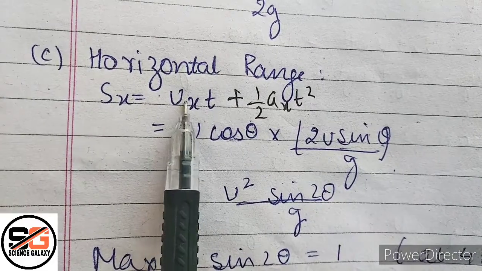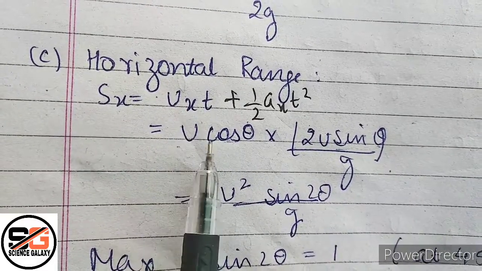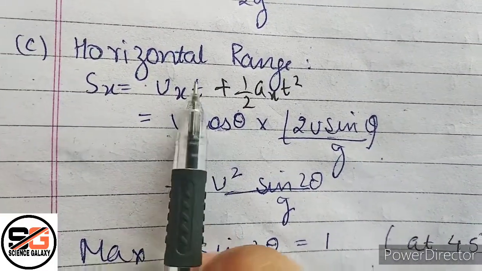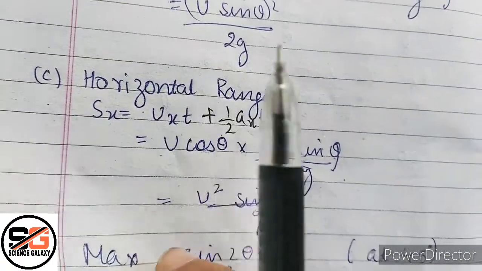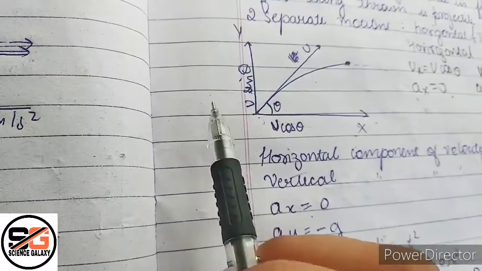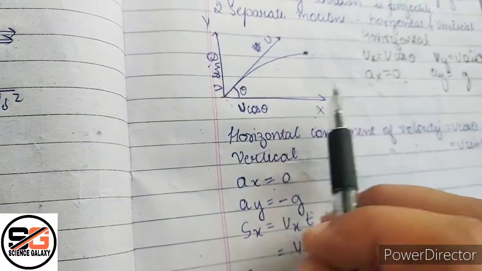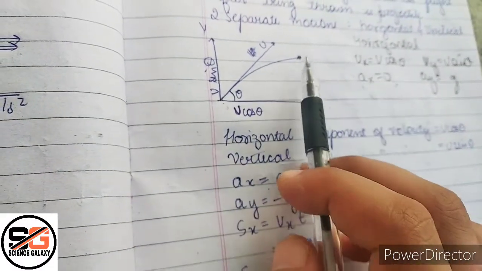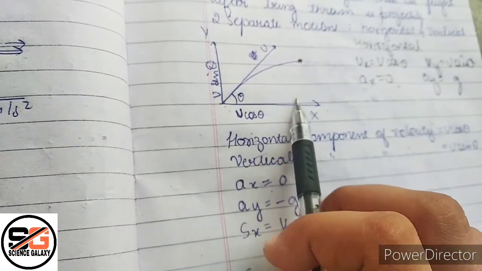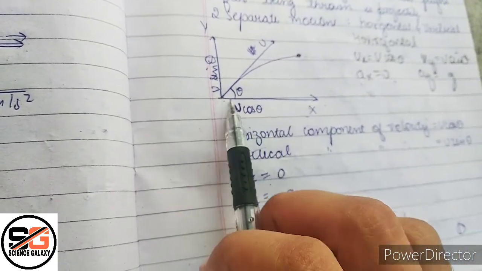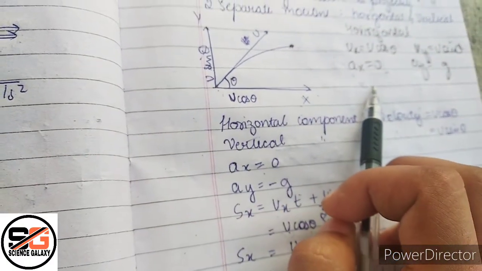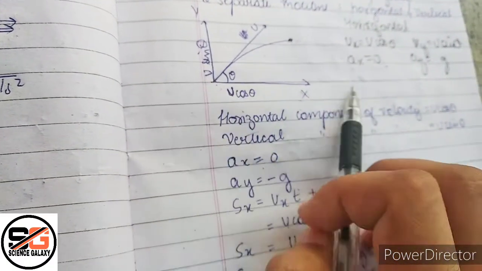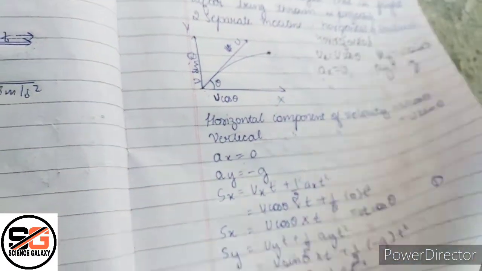What is ux? Ux is equal to u cos theta. Now for horizontal range, this is not for maximum height. For horizontal range, the total time would be required. For maximum height, only this much time was required. For the horizontal range, the whole time of flight would be required.